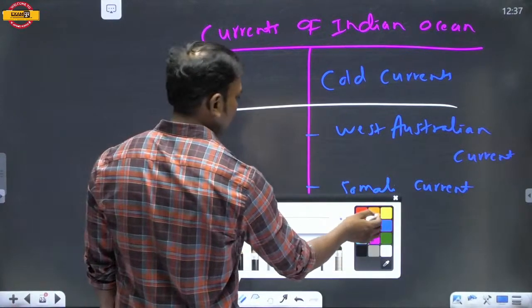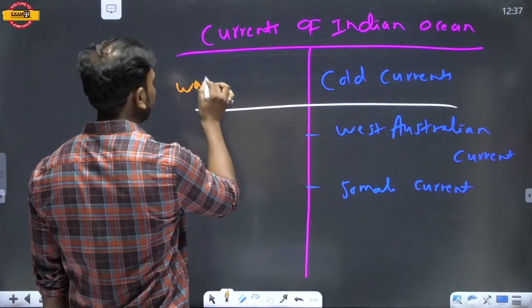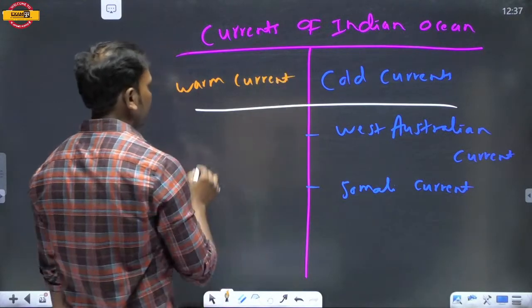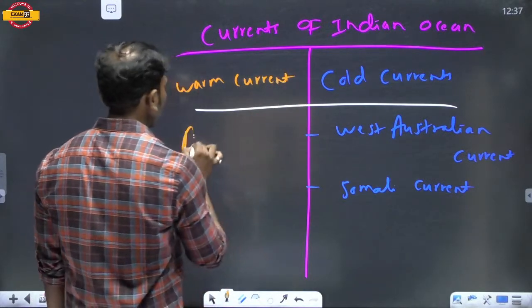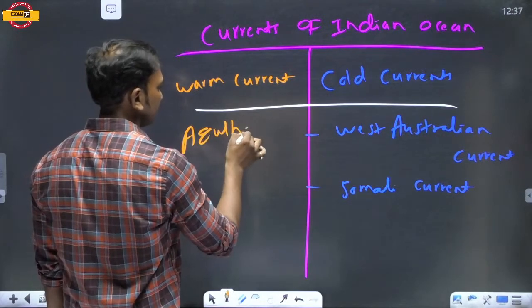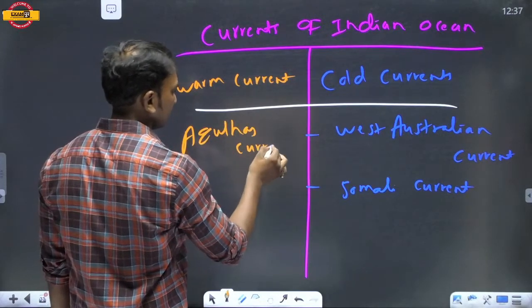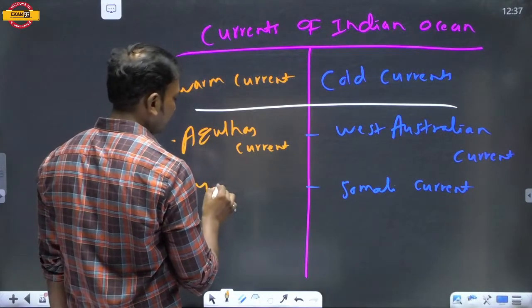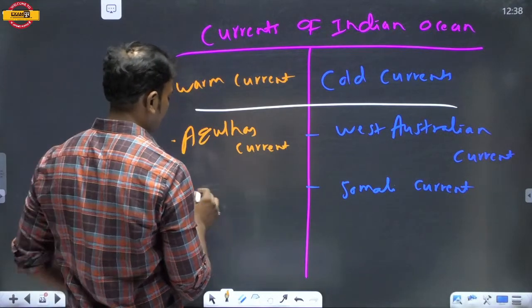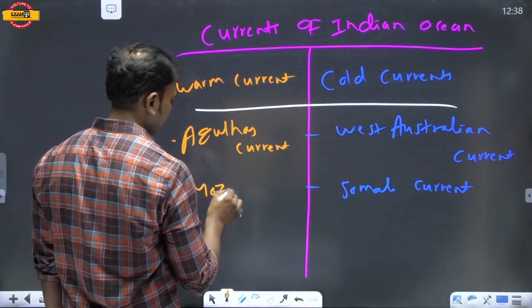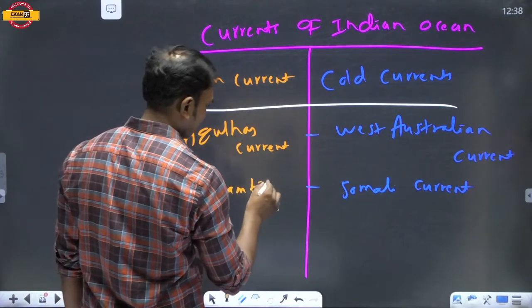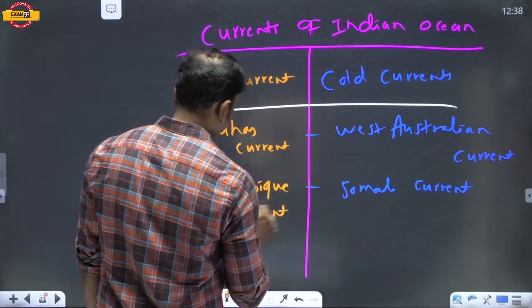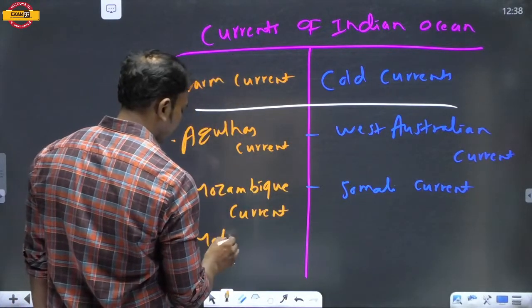On this side the warm currents are there: the Agulhas current, then the Mozambique current, and the Malagasy current.